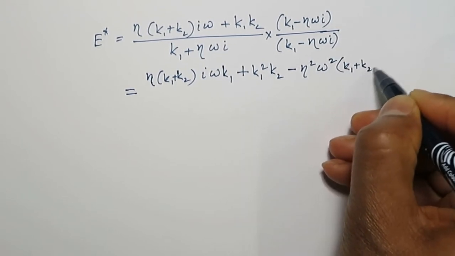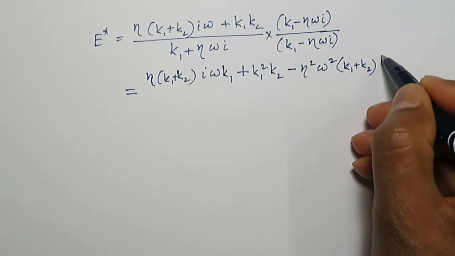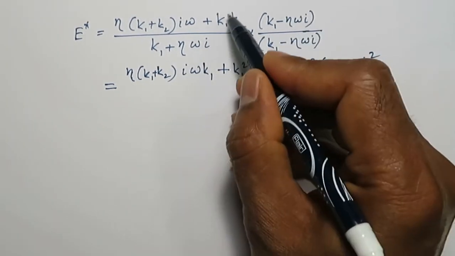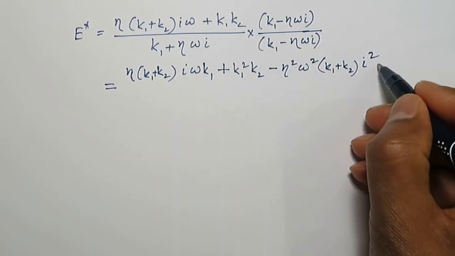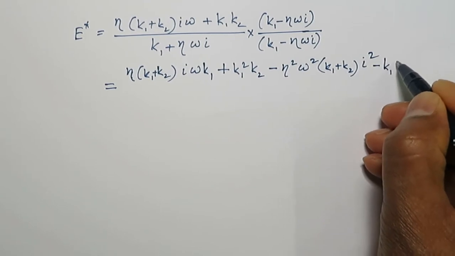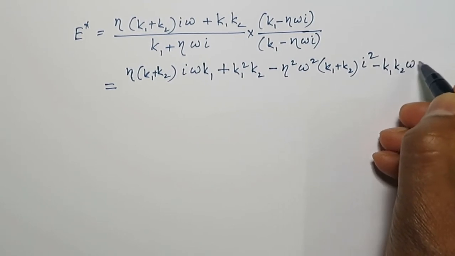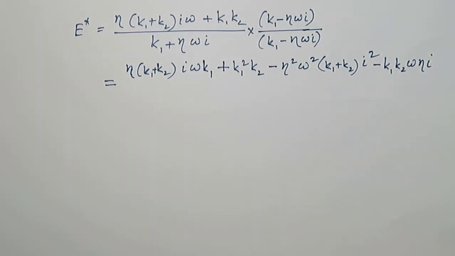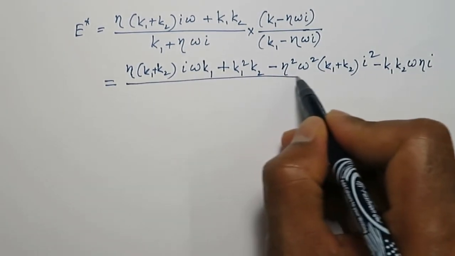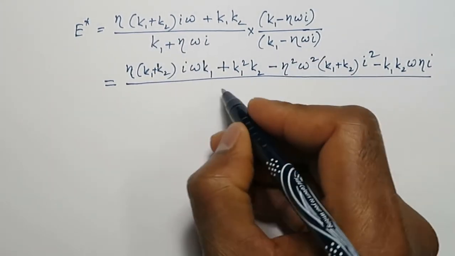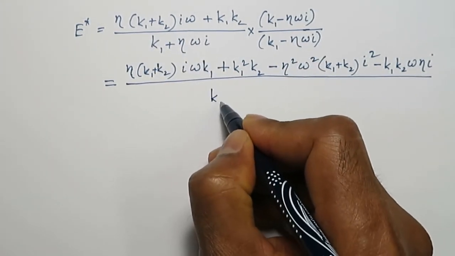(k1 + k2), and here we will have i square. Now we will multiply this to this one. That will give us minus k1 k2 omega eta i. This will be divided by this multiplied by this, which we have already seen before.